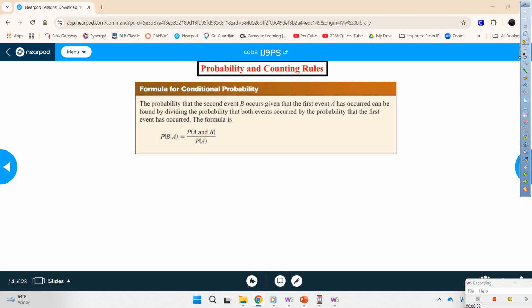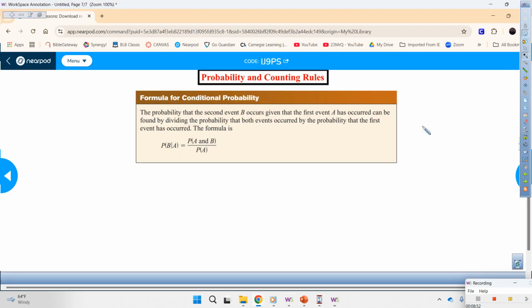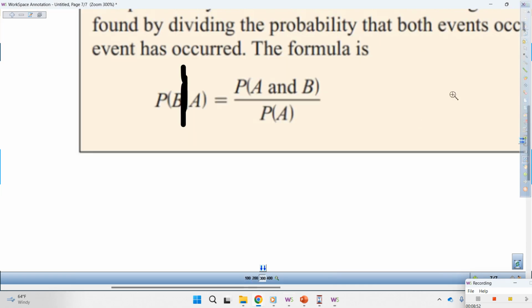And as you're copying the formula, remind your neighbor what this bar stands for. This bar right there. What does that bar stand for? Right. Looks like Carter remembers.